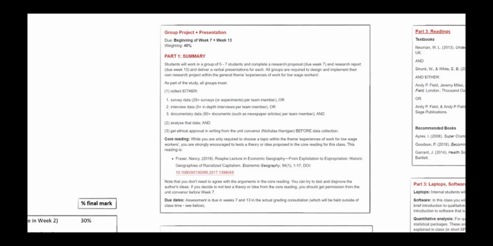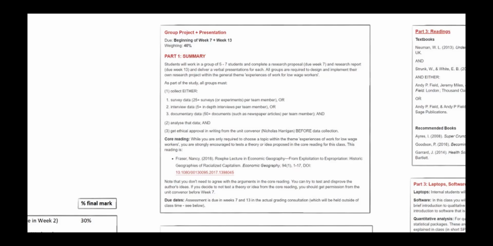You can pick a topic. I want you to pick a topic within the general theme of experiences of work for low-wage workers. But I want to give you a very recent reading from 2018 by a very famous academic from the US called Nancy Fraser.